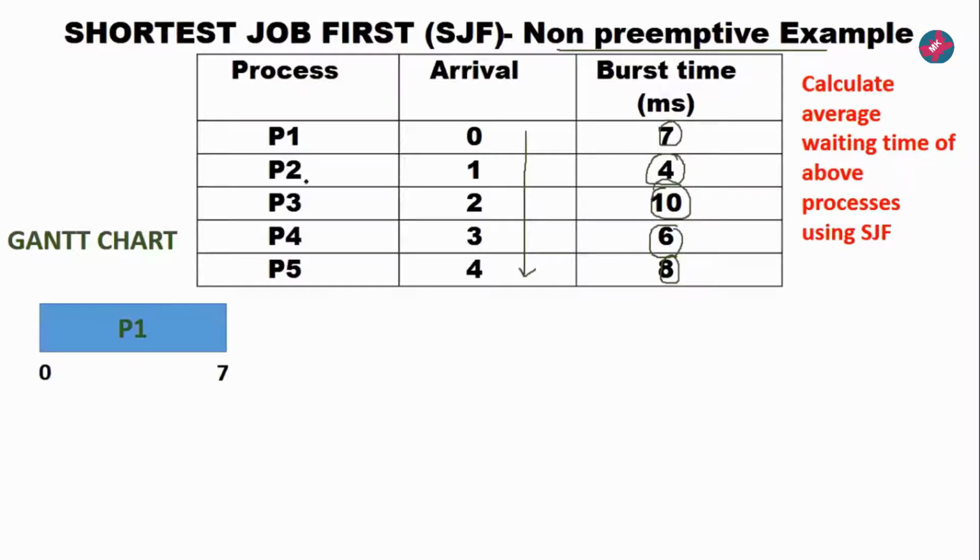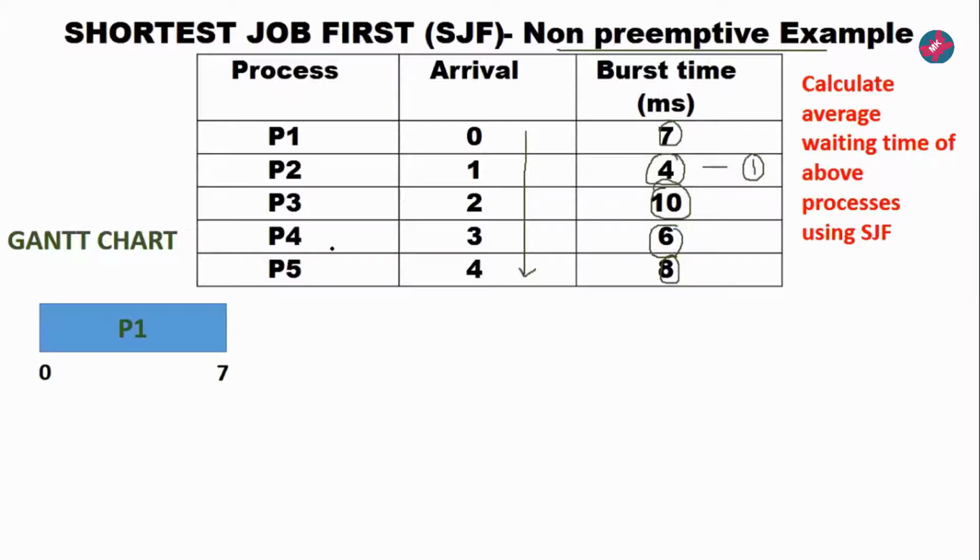What about the second process? First P1 executed for 7 milliseconds. Till that time, all the jobs have entered the system: P2, P3, P4 and P5. Which is the shortest job first? That is P2, because it has the smallest CPU burst.